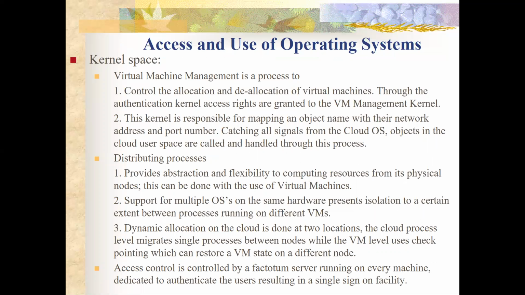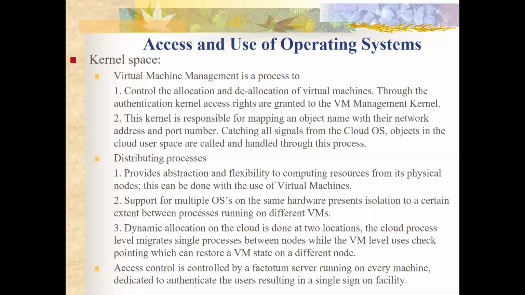Kernel space, first, virtual machine management is a process to do the following work. Control the allocation and deallocation of virtual machines through authentication. Kernel access rights are granted to the virtual machine management kernel.